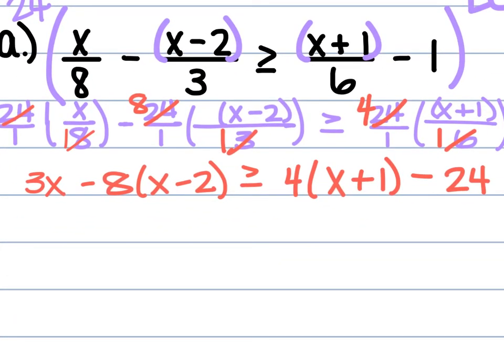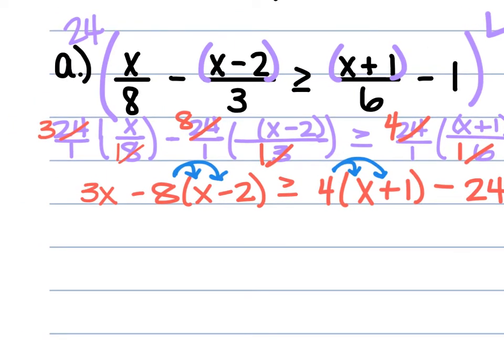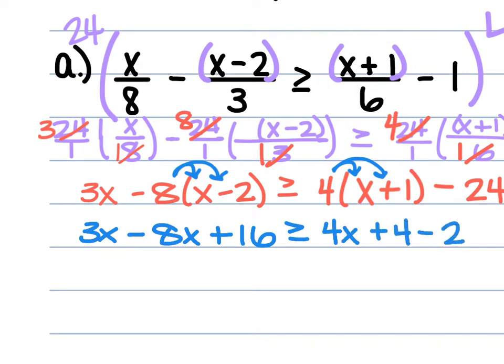All right, so from here we are going to distribute that negative 8 in and the 4 into those parentheses. So we're going to have 3x minus 8x plus 16 is greater than or equal to 4x plus 4 minus 24. So now combine your like terms on the same side of that inequality sign.